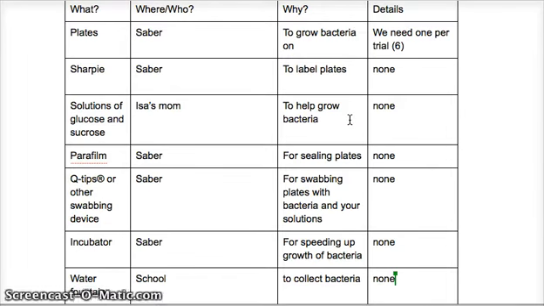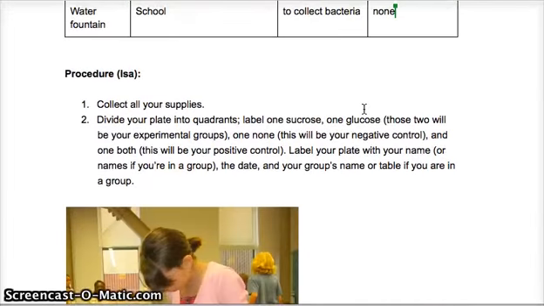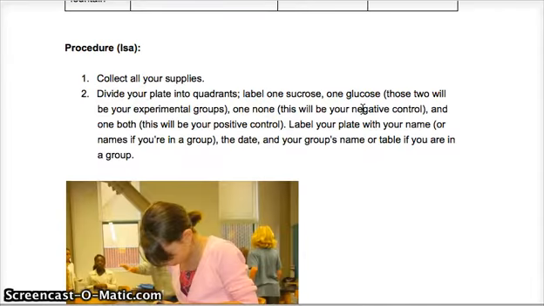The things that we need for our experiment are plates and agar to grow bacteria on, Sharpies to label the plates, the liquid forms of 2 sugars to help grow the bacteria, parafilm to seal the plates, Q-tips to transfer bacteria onto the plate, an incubator to speed the growth of bacteria, and a water fountain to collect the bacteria from. She also did the procedure.